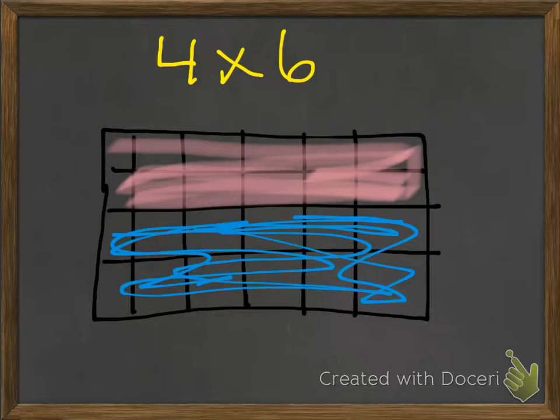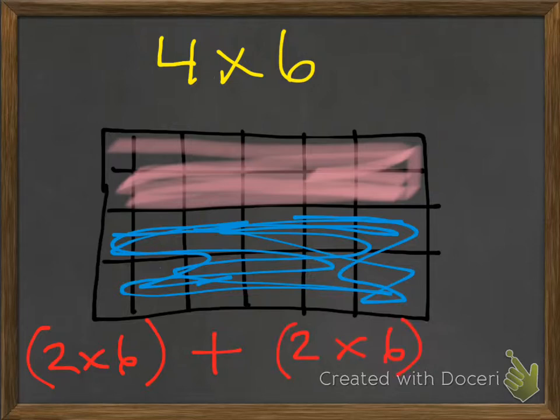So on the top we have 2 times 6, and we're going to add the blue section, which is still 2 times 6. And if we add that up, 2 times 6 is 12, plus 2 times 6 is 12. Add that together, we still get 24.